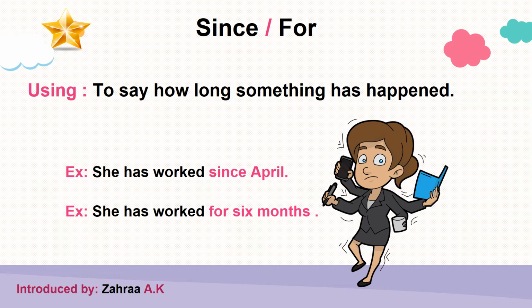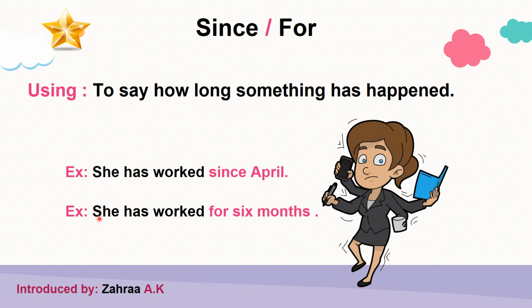The last adverbs that we use in the present perfect simple are since and for. Since means منذ, and for means لمدة, a period of time. We use them to say how long something has happened. Such as: She has worked since April, هي عملت منذ شهر April.